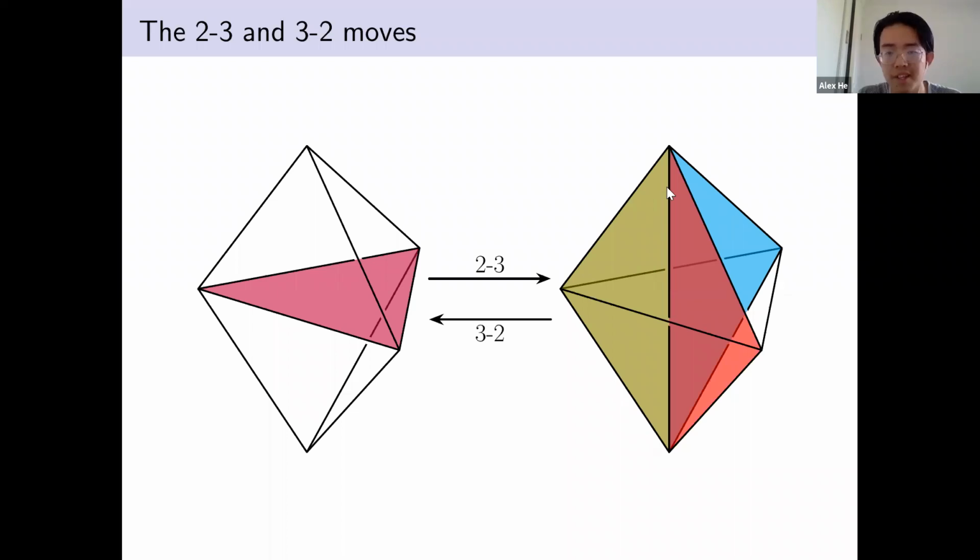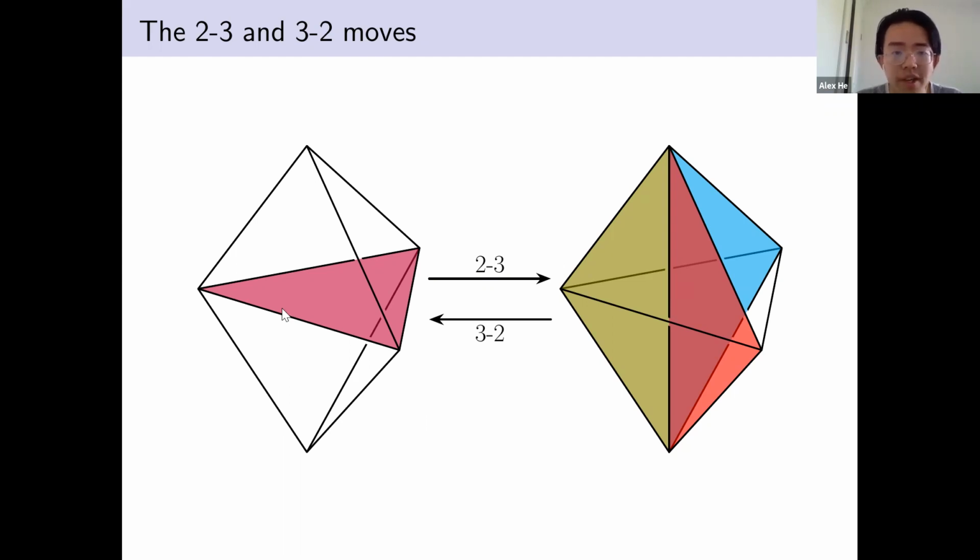It's just a retriangulation of this small region. If you do this inside a small region of a bigger triangulation, you get a new triangulation of the same manifold. And so you can keep applying these 2-3 moves or the inverse 3-2 moves, and you get lots and lots of new triangulations of the same three manifold.